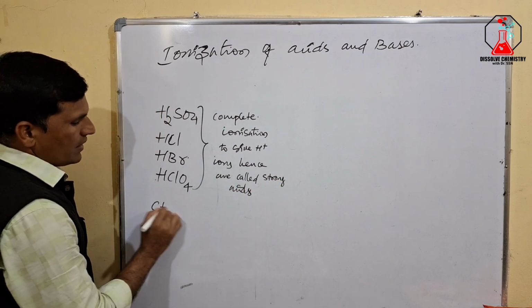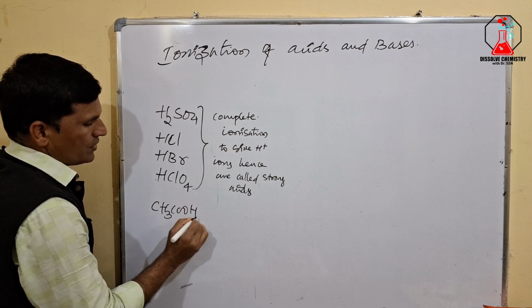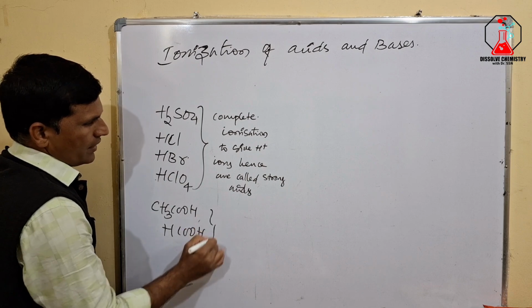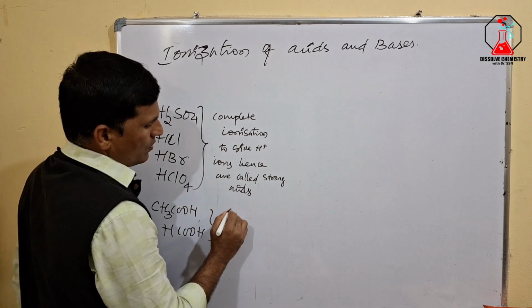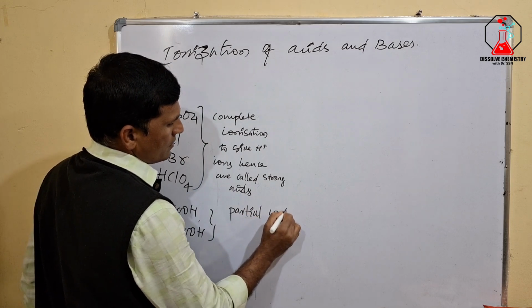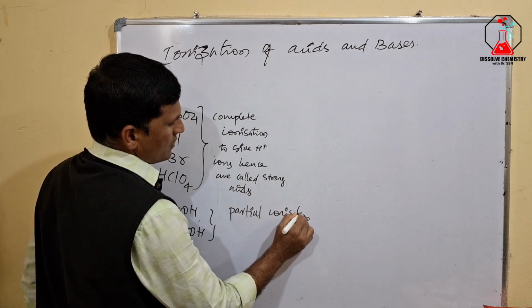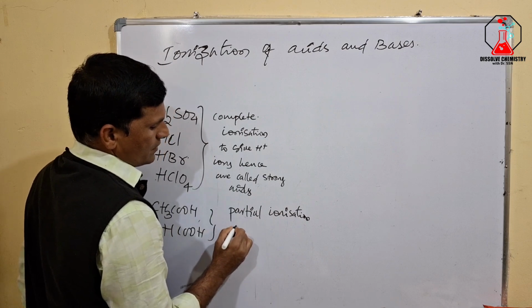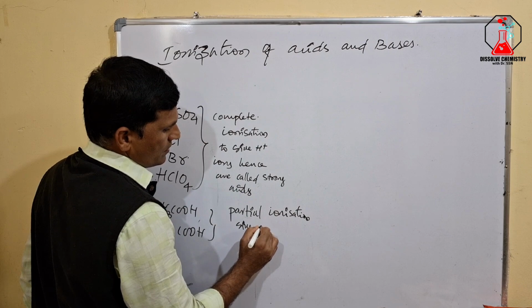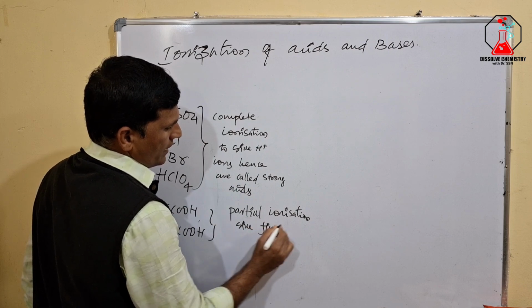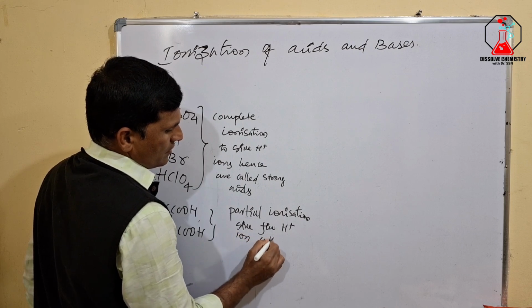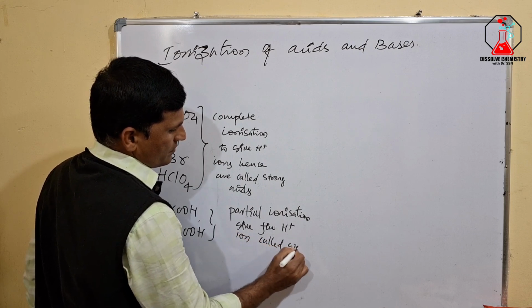And similarly CH3COOH, HCOOH, etc., which undergo partial ionization, hence give a few H plus ions, hence are called weak acids.